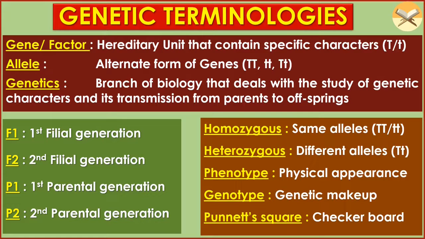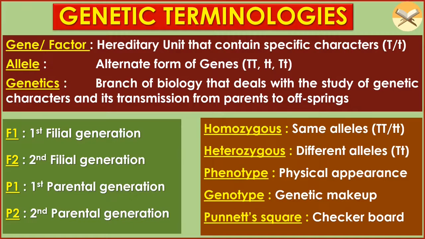Genotype, the G of genotype is for genetic makeup. On seeing the genotype of that red colored flower, we can know about its genetic makeup, whether it contains homozygous or heterozygous characters, or dominant or recessive characteristics. So it can only be understood by studying its genotype.